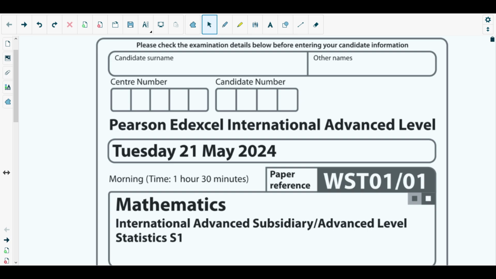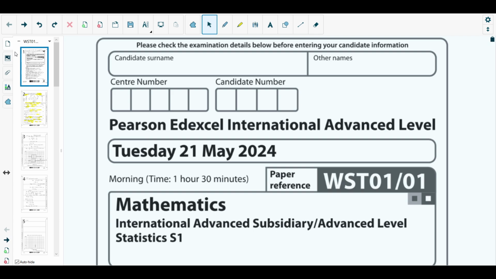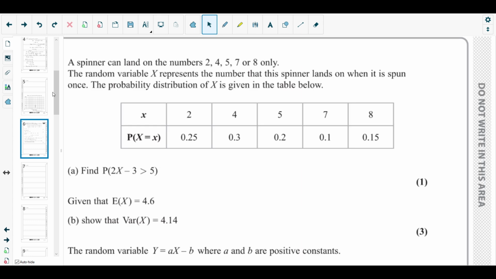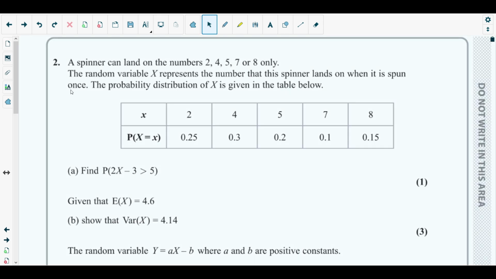So in this video we will be solving the second question, that is question number 2 from May 2024 Statistics 1, that is S1 paper. The concepts behind question number 2 have been discussed in the discrete random variables chapter, that is chapter number 6 of your S1 textbook.